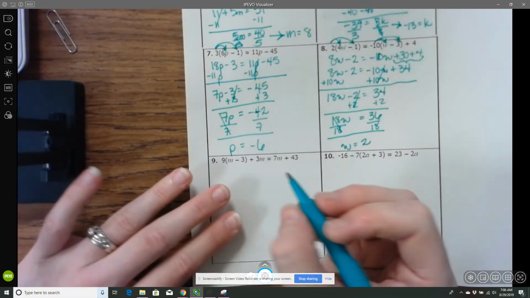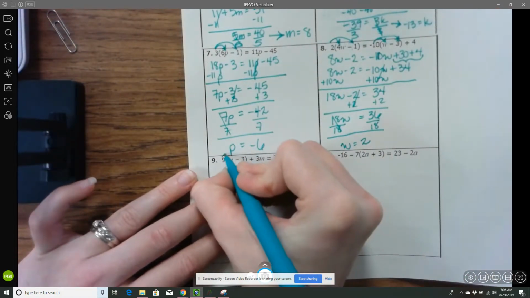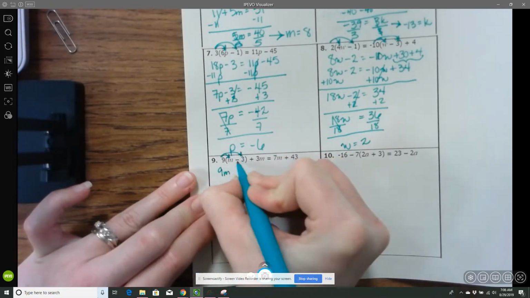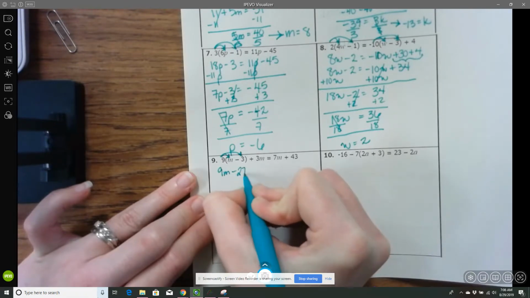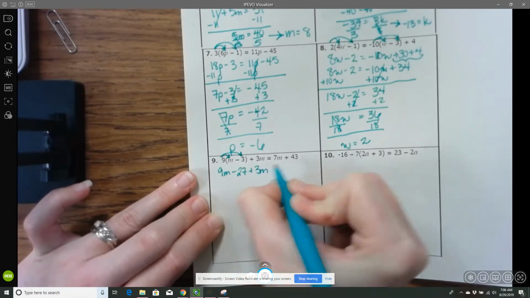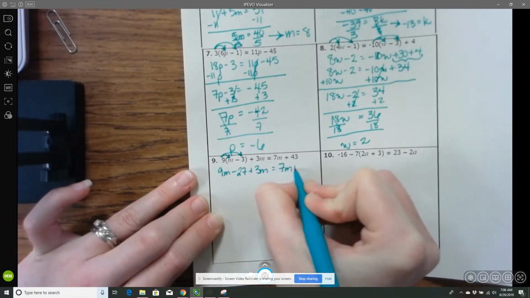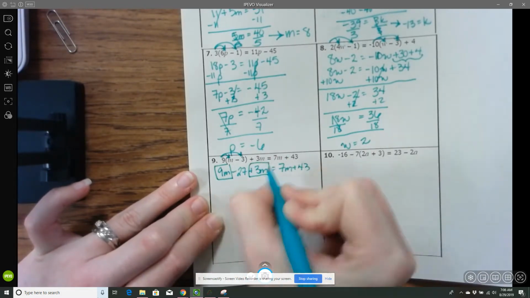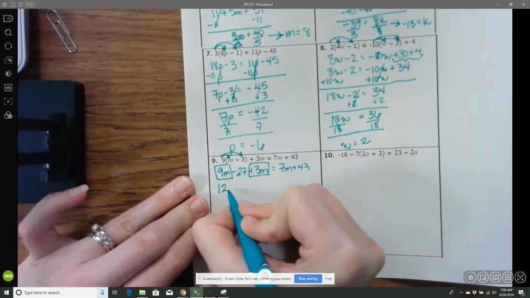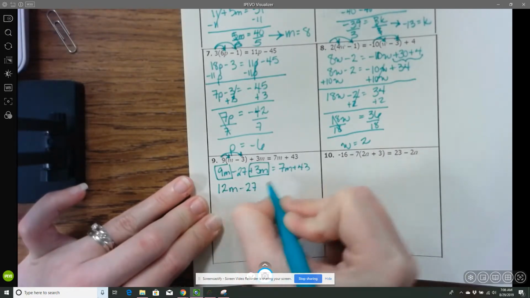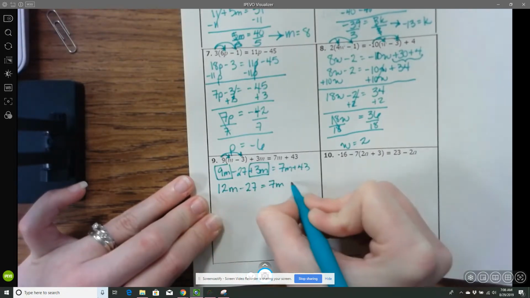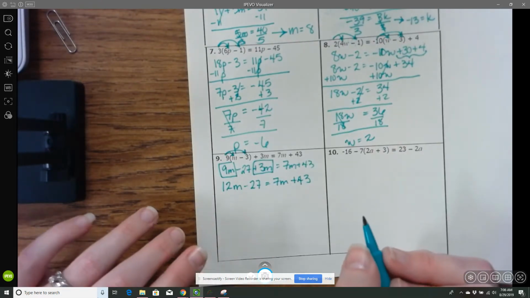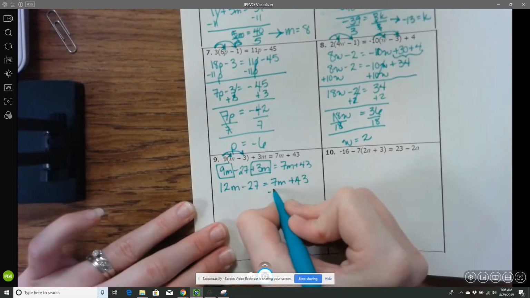All right, last two problems. So first I've got to distribute. So 9 times m is 9m. 9 times a -3 is a -27 plus 3m. And again, this is one where I'm going to have to combine like terms. And then let's see, let's move the 7.